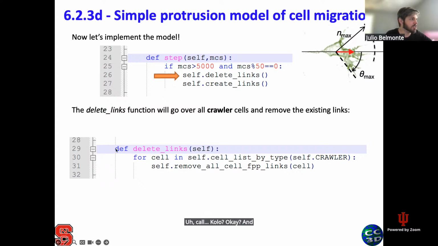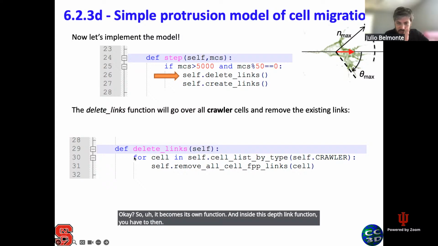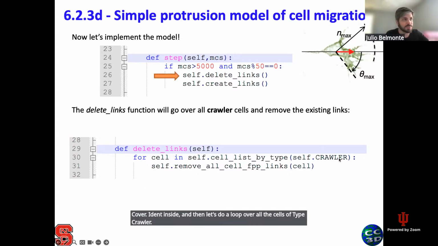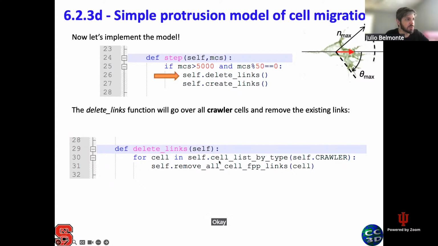This def has to be at the same indentation as the other one, so it becomes its own function. Inside this def, you indent, and then do a loop over all the cells of type crawler.